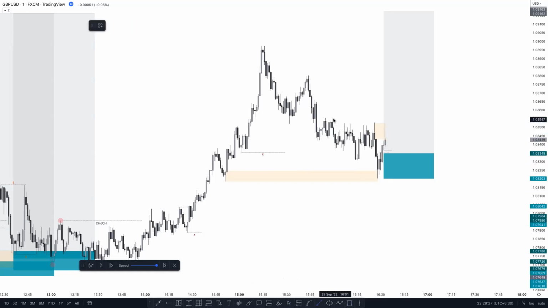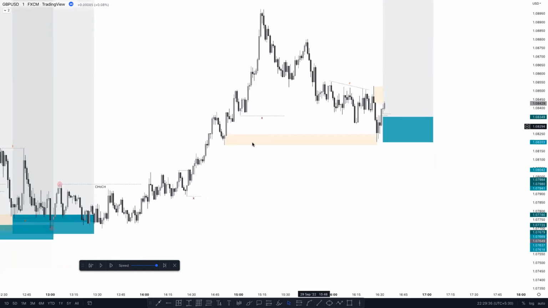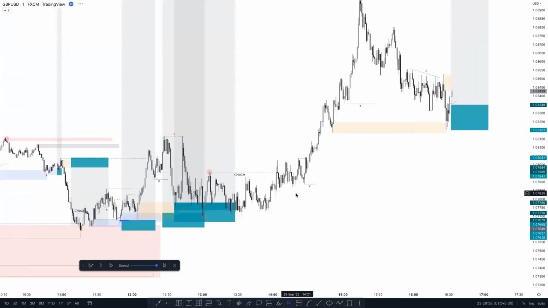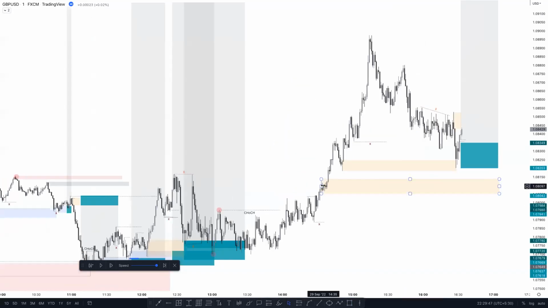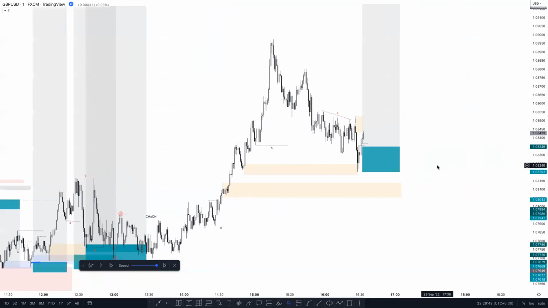So market can push downside if market takes out the liquidity. So this is a strong zone for the sell, and market may push downside, mitigate something here which is unmitigated. This one, because this is unmitigated order flow.